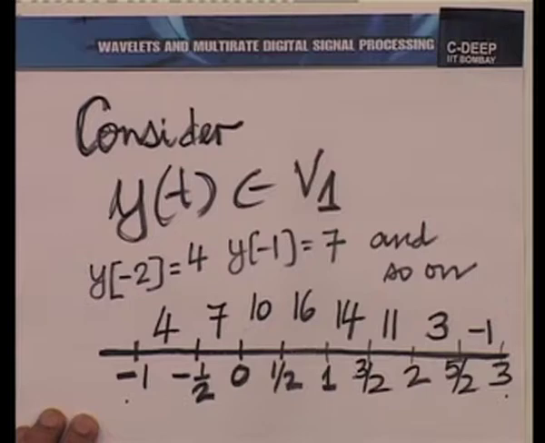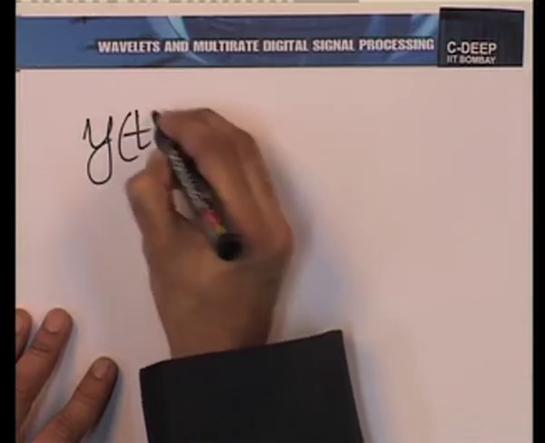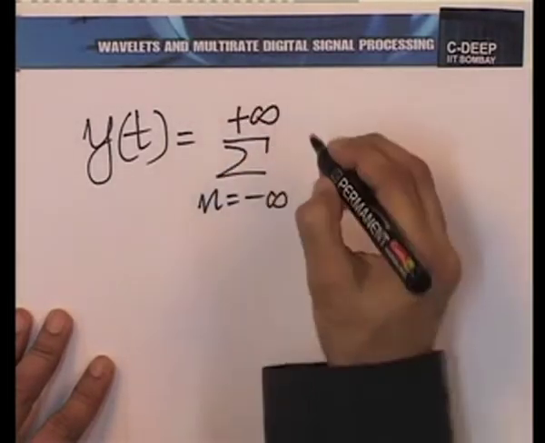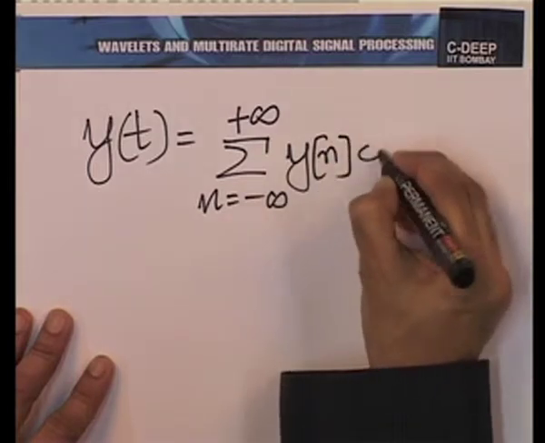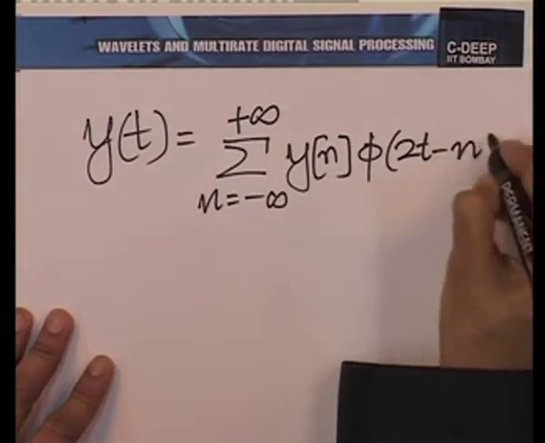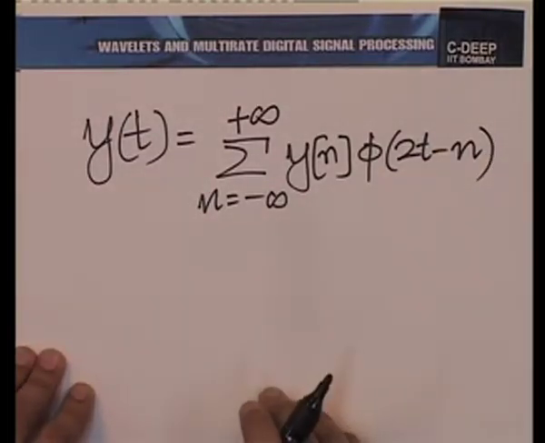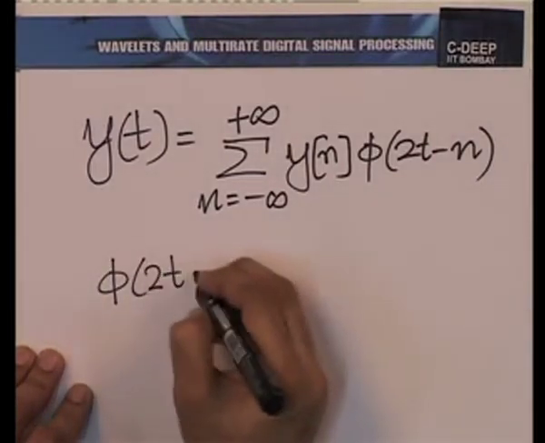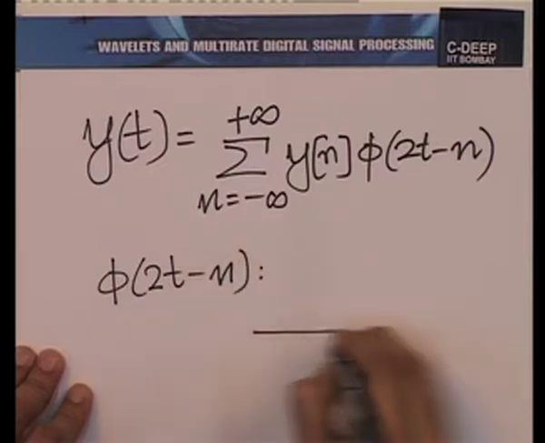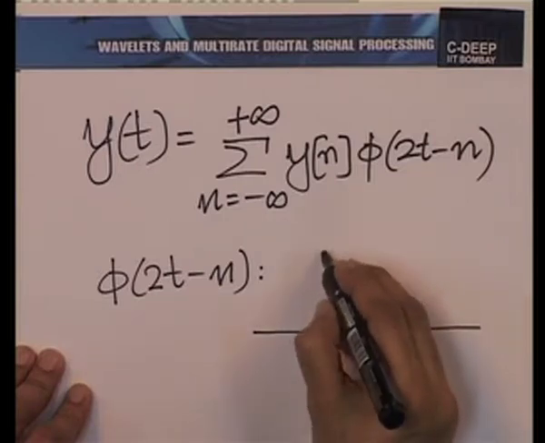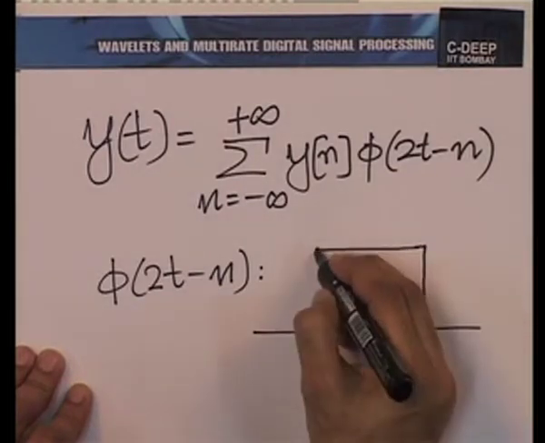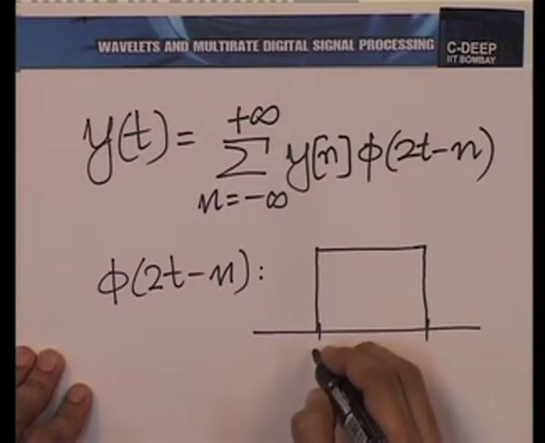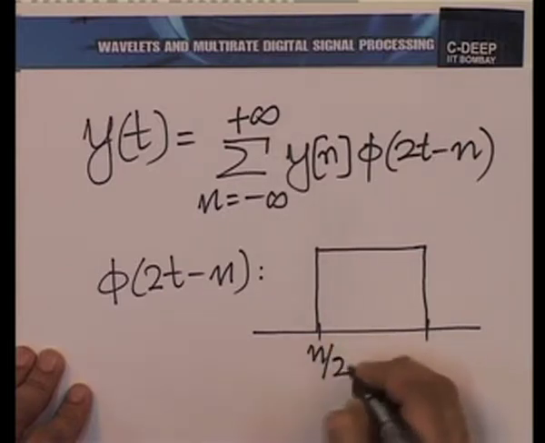So, we have y(t) is summation n running from minus to plus infinity, y(n) phi(2t minus n). Recall that phi(2t minus n) looks like this. It was 1 over a half interval, defined by n by 2 to n plus 1 by 2.